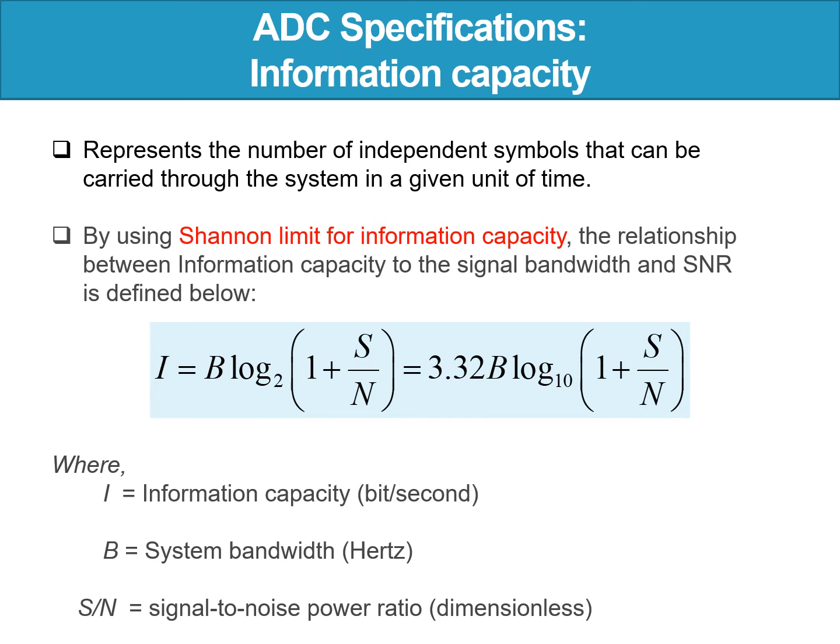So here is another specification, the information capacity. It represents the number of independent symbols that can be carried through the system in a given unit of time. By using the Shannon limit for information capacity, the relationship between information capacity, the signal bandwidth and the SNR is defined below. So here is the equation to calculate the information capacity.